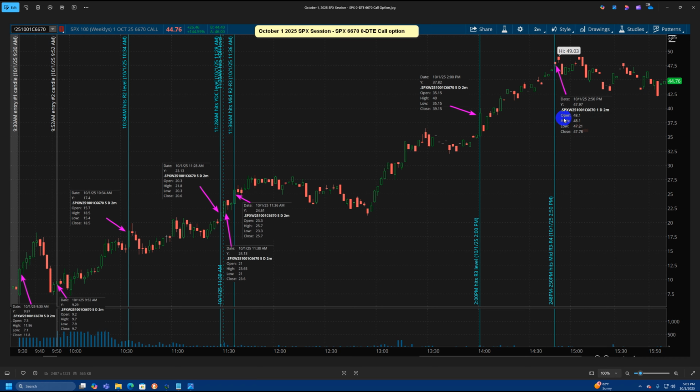However, if you do look at the open of this candle, remember the 2:48 p.m. candle closes at 2:50 since this is a 2-minute chart. So if you simply look at the open of this candle here, as you can see, you had many other opportunities to get out even at a higher price when it was traveling sideways, chopping up and down on that level. So there were plenty of opportunities to get out in the 40s and mid 40s.